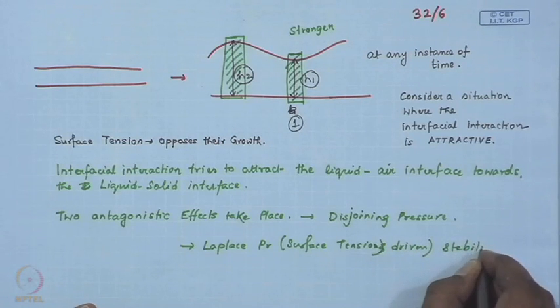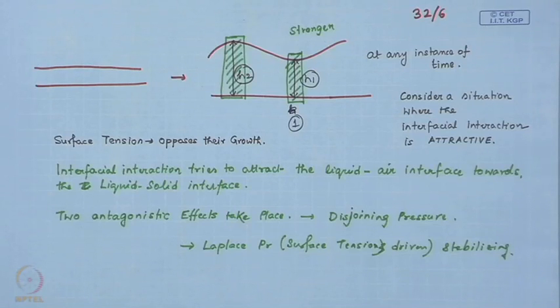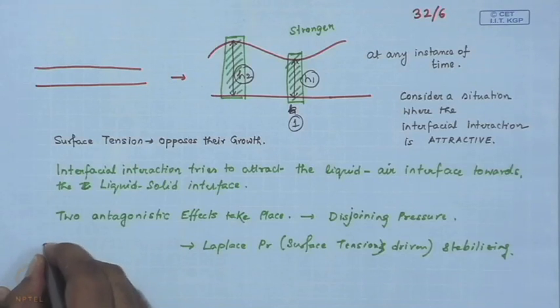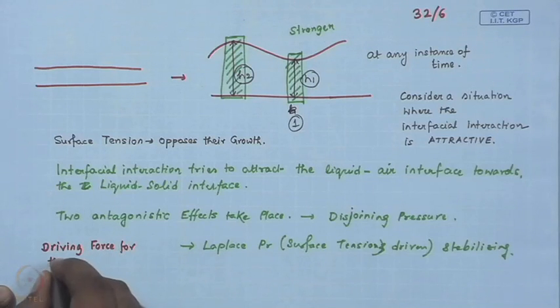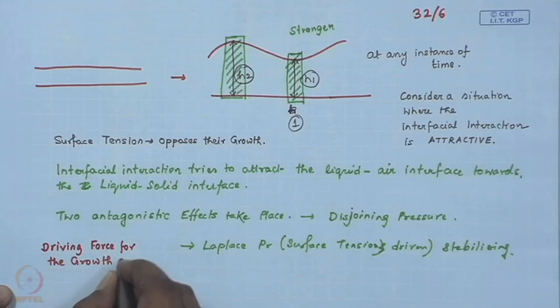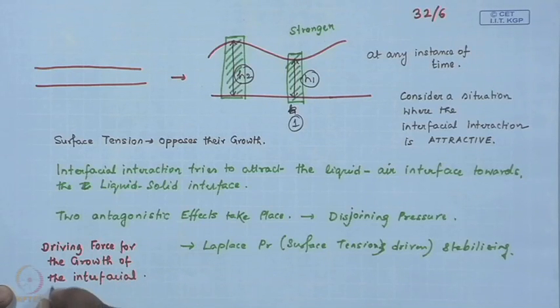Now, unlike a macroscopic situation where you have thermal fluctuations but there is no mechanism for their growth, here for the first time, in a thin film where there is active interfacial interaction between the two interfaces and the nature of the interaction is attractive, we see a situation where you have a driving force for growth of the interfacial fluctuations.